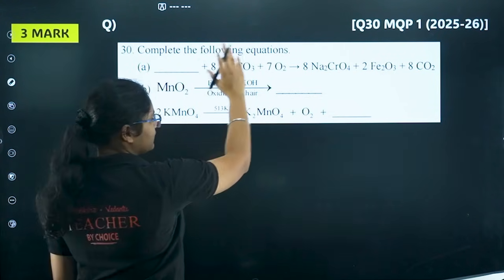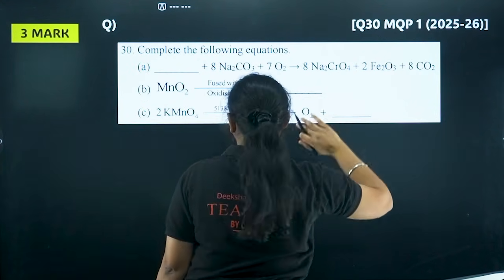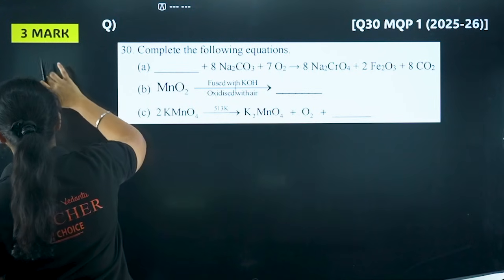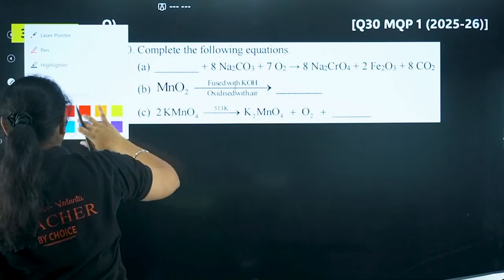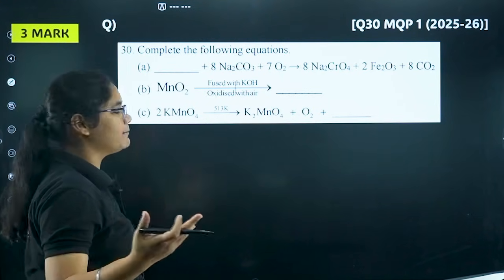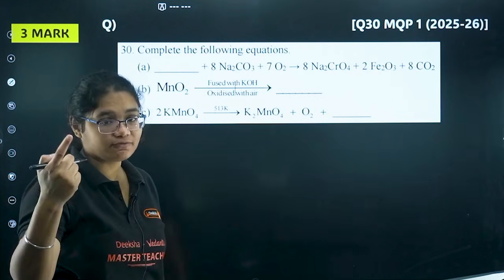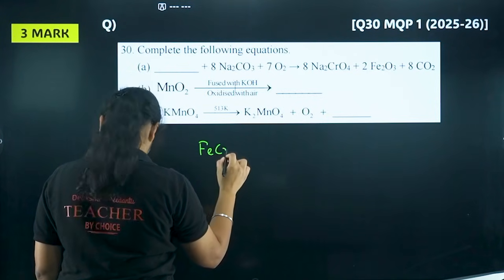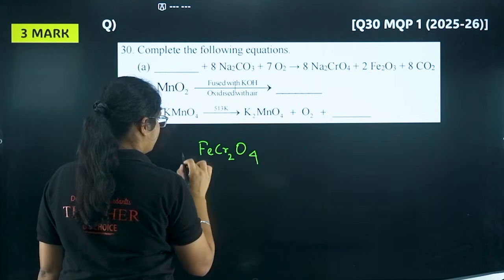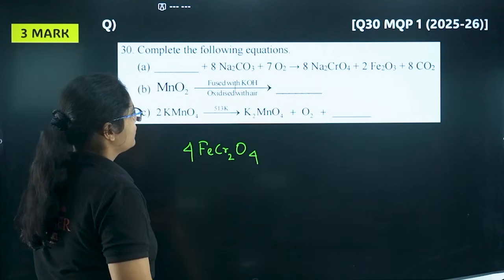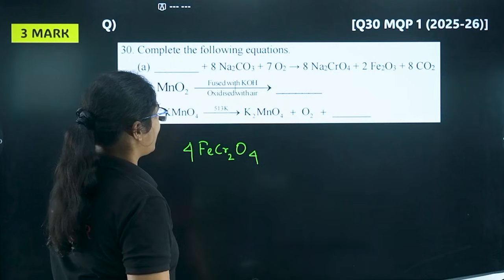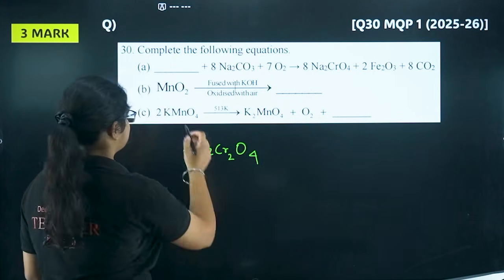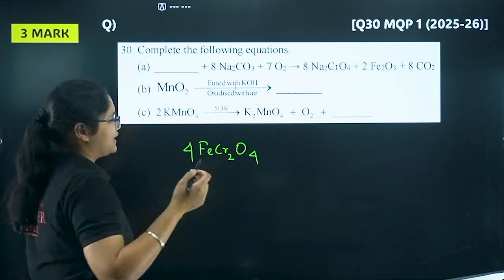This is question number 30 from model question paper 1, and here we have to fill in the blanks, the reactions actually. The first one is the first step of preparation of K2Cr2O7. Here we take iron chromite, 4FeCr2O4. The next is MnO2 fused with KOH and oxidized with air.